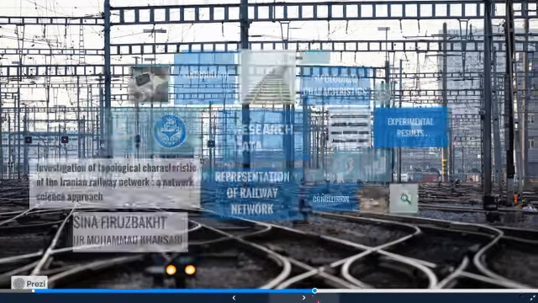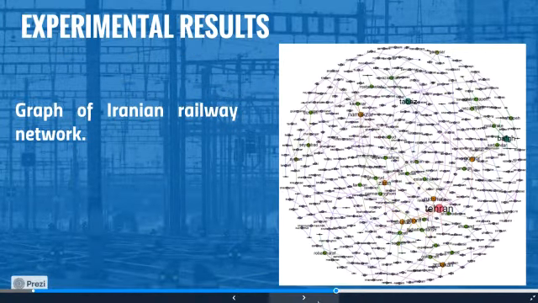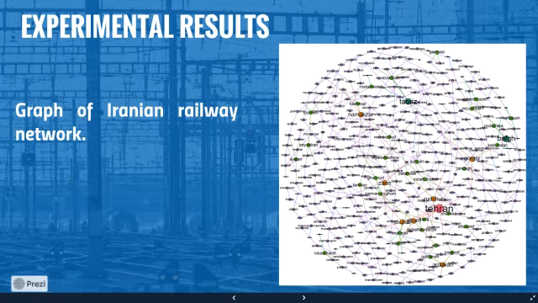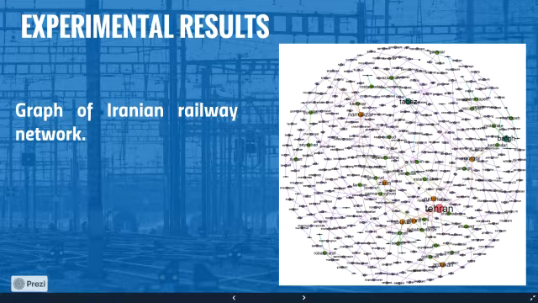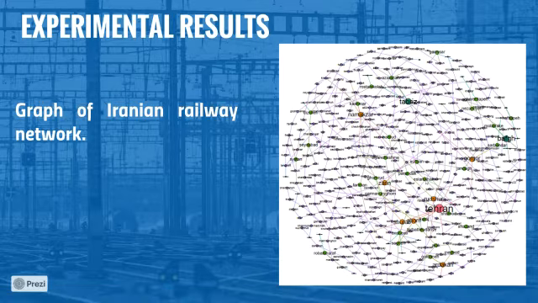Experimental results. Graph of the Iranian railway network. In this graph, the size of the nodes is an indicator of their degree, and nodes with similar colors have the same degree. We created this graph with an open source software.